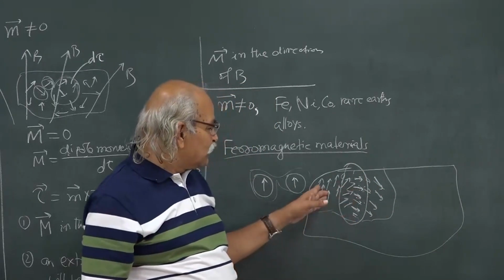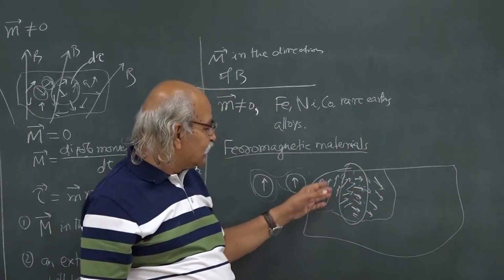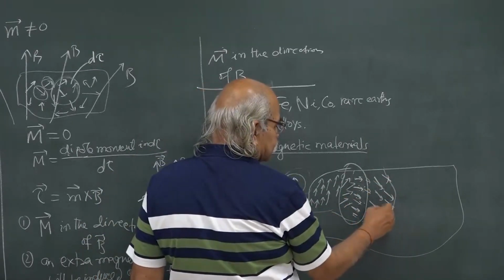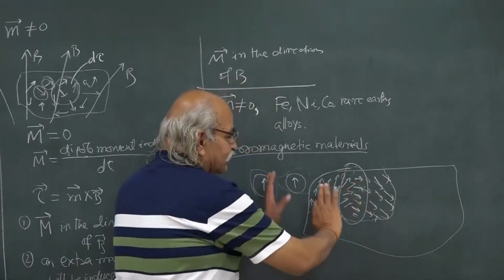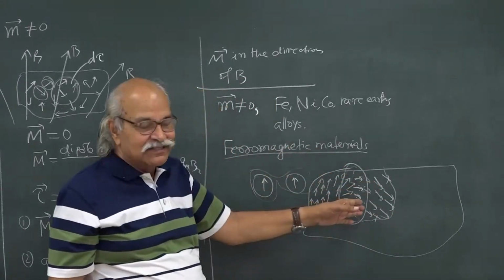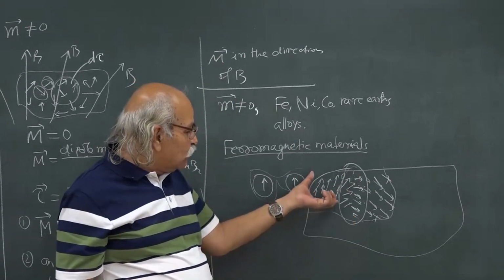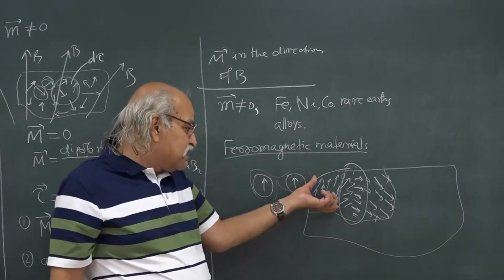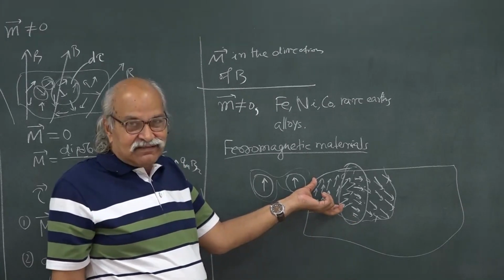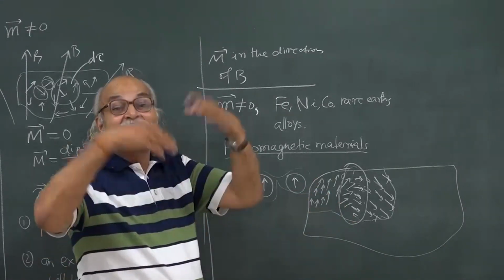Here all the magnetic moments are like this. Here all the magnetic moments are like this. And here there is a slight smooth transition, not a very abrupt kind of transition. And this whole thing may be as large as, say, a small fraction of a millimeter, much more than a micrometer.